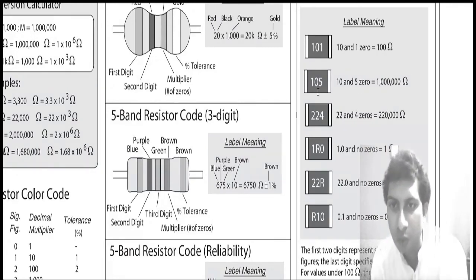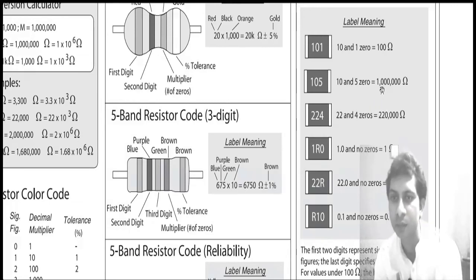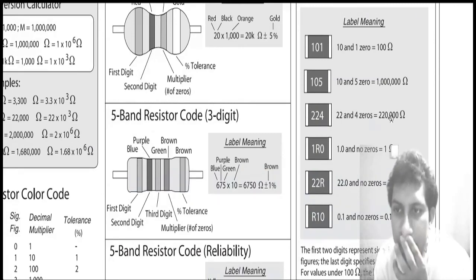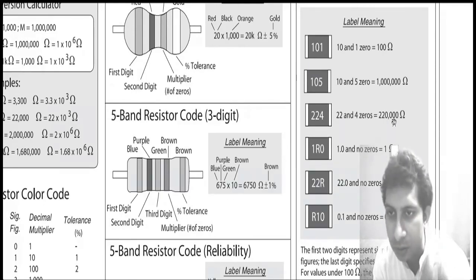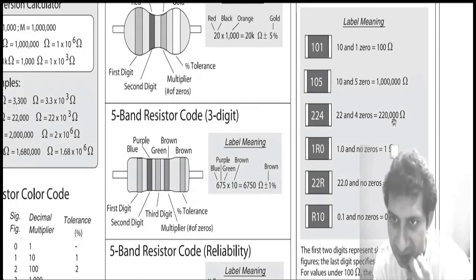This 105 is treated as a 1 mega ohm resistance. It's a very large value. Okay, 224. If it is there, you can write it like this: 220 kilo ohm. You can simply read it like this.